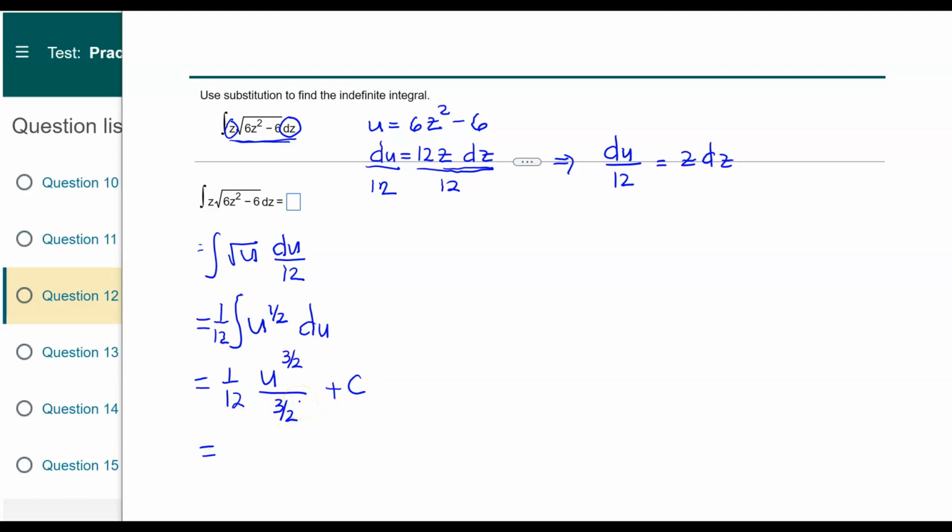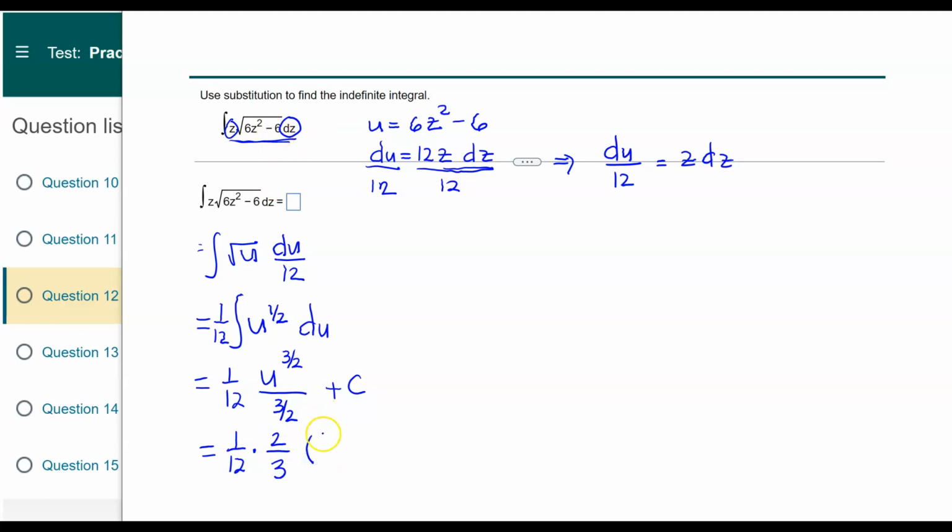If you divide a fraction and the denominator is also a fraction, you get the reciprocal of the denominator and proceed to multiplication. So therefore, you will have 1 over 12 times 2/3.